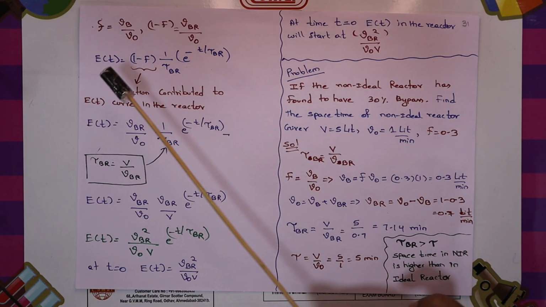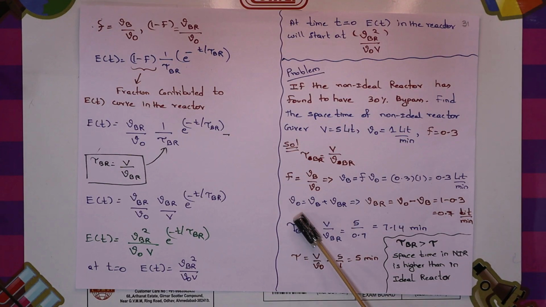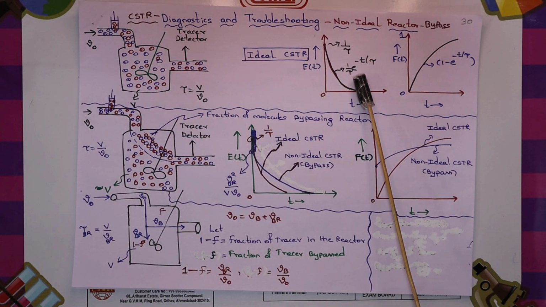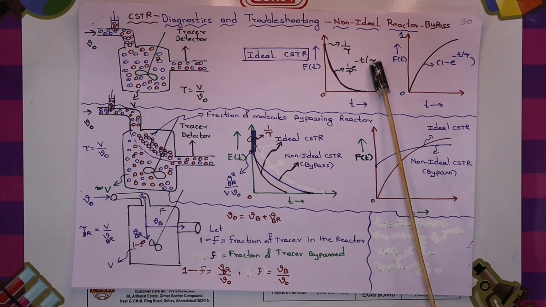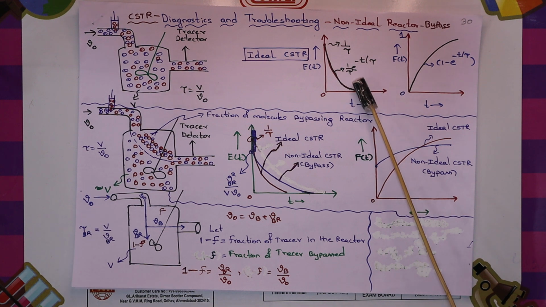Now let us find out what the E of t function is for the non-ideal CSTR. The E of t function for the ideal CSTR is 1 by tau into e power minus t by tau. Now what is the E of t function for the non-ideal reactor? The function nature remains the same.